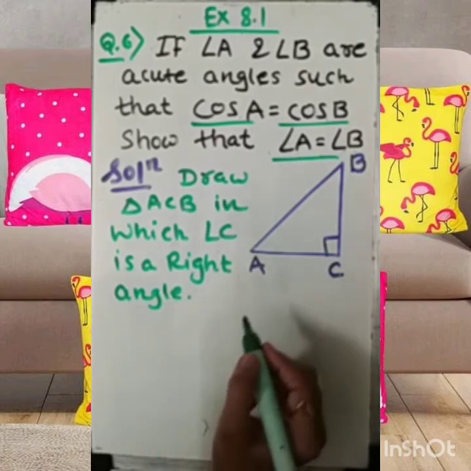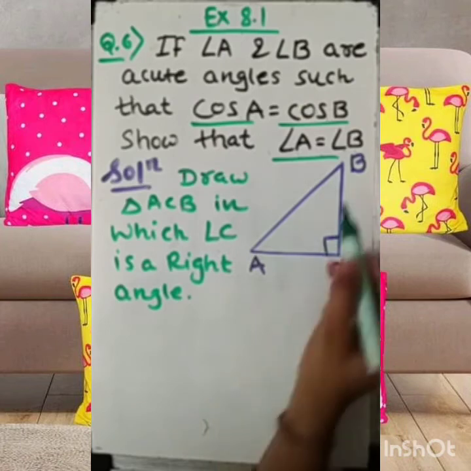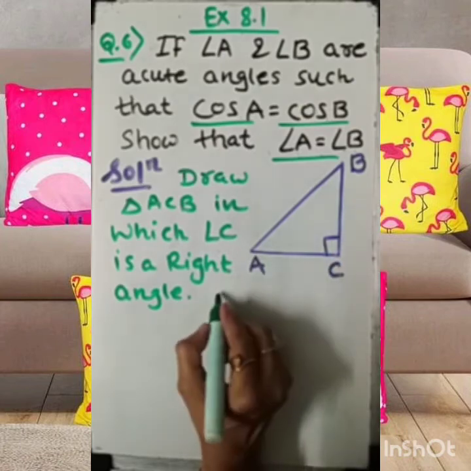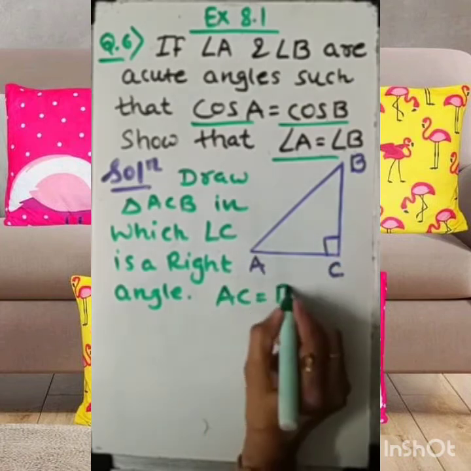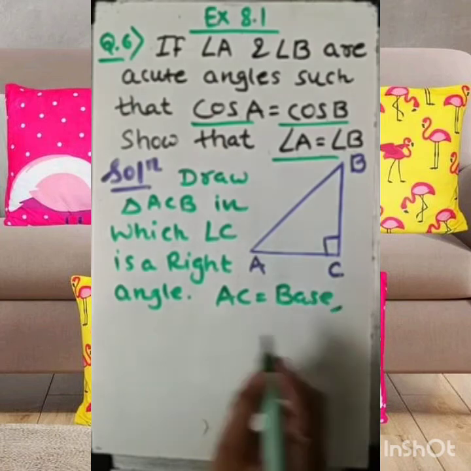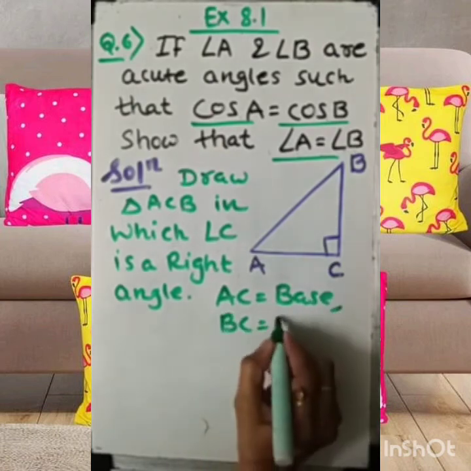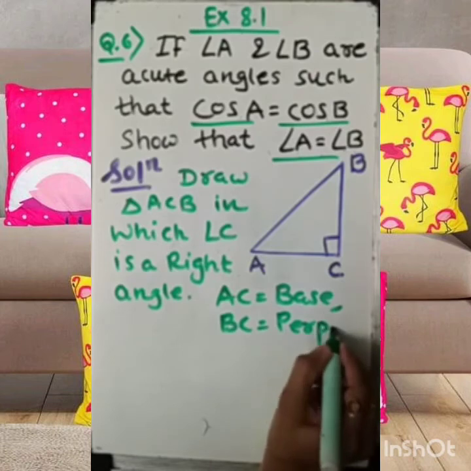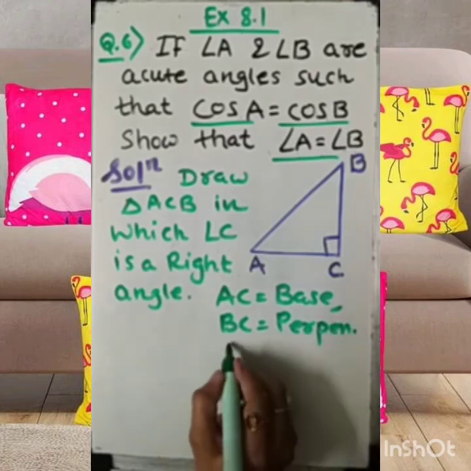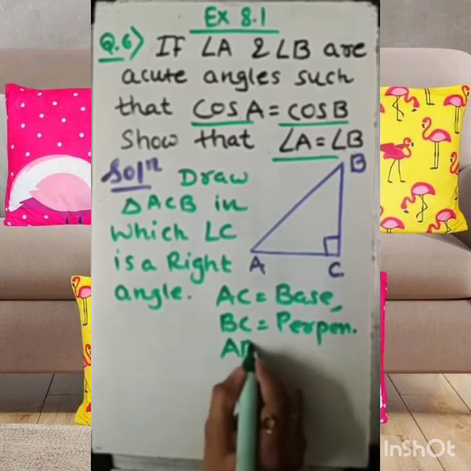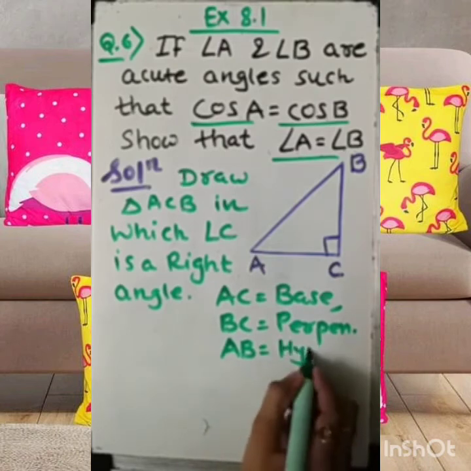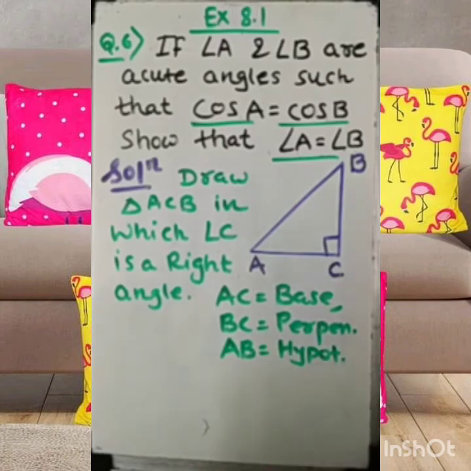Now, what about AC? AC will become the base. So I need to mention AC equal to base. BC will be the perpendicular. In short, I am mentioning. And of course, AB will be the hypotenuse. So in short, I am mentioning these three things.